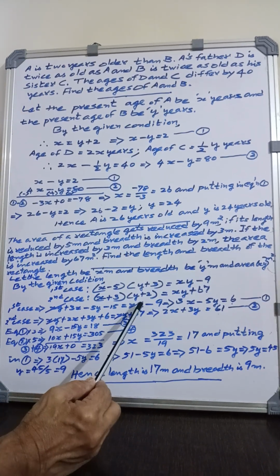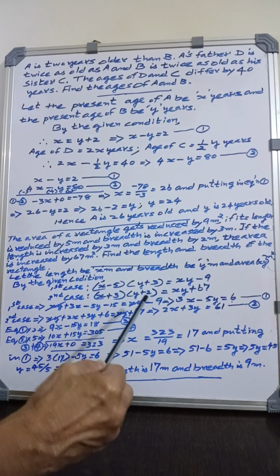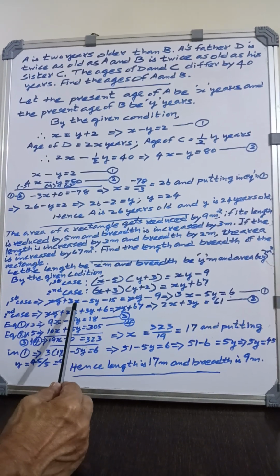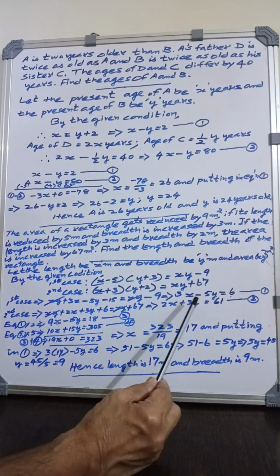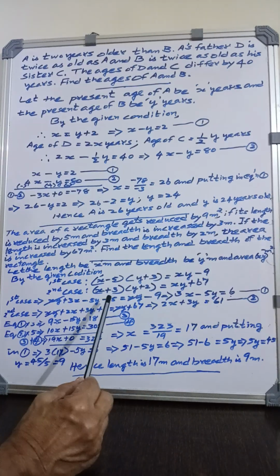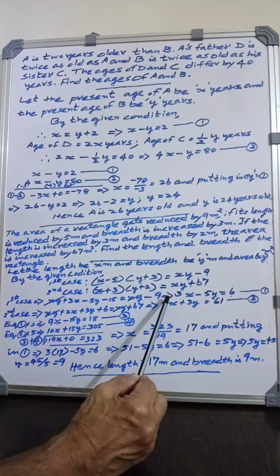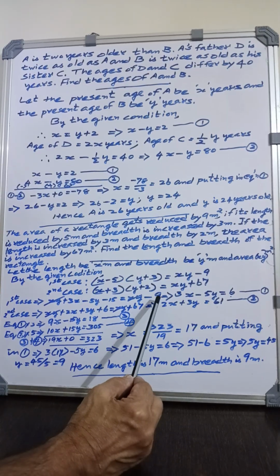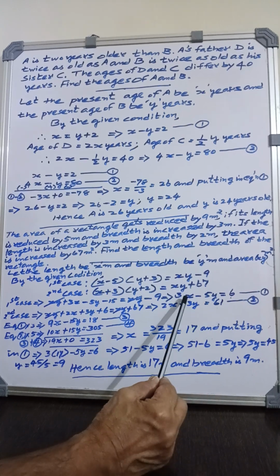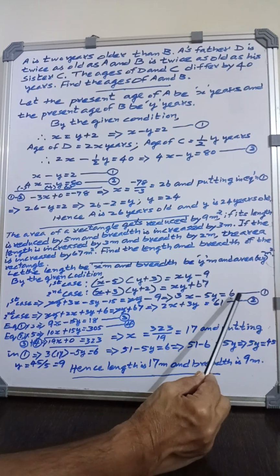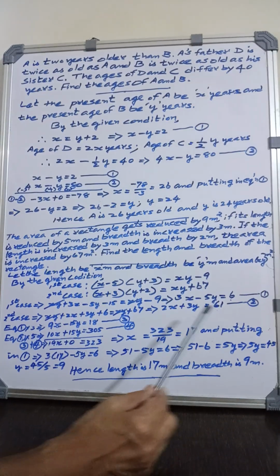Positive xy is there on both sides, therefore it is cancelled. Therefore, 3x minus 5y minus 15 equals minus 9. That is 3x minus 5y equals minus 9 plus 15, which simplifies to 6. Thus we get 3x minus 5y equals 6, an equation in two variables, and keep it as the first equation.